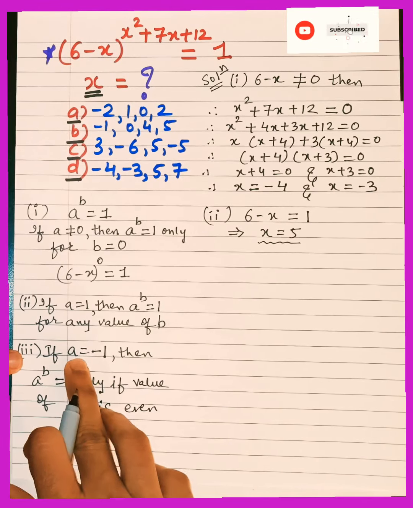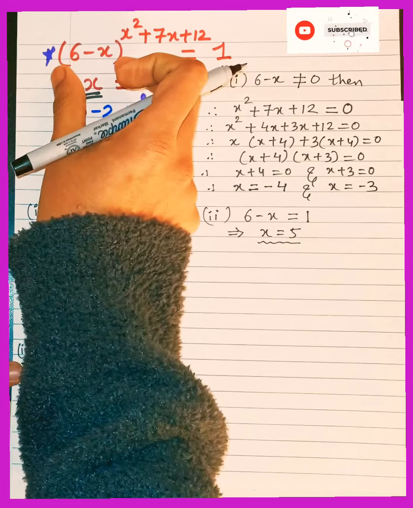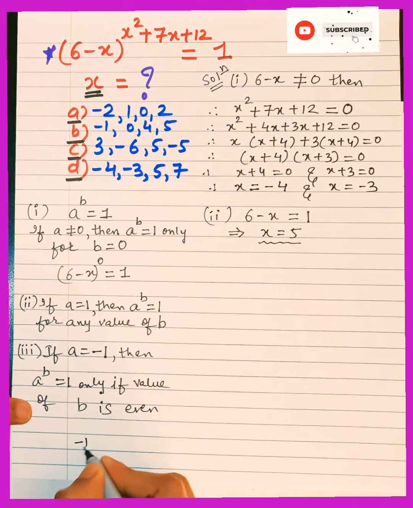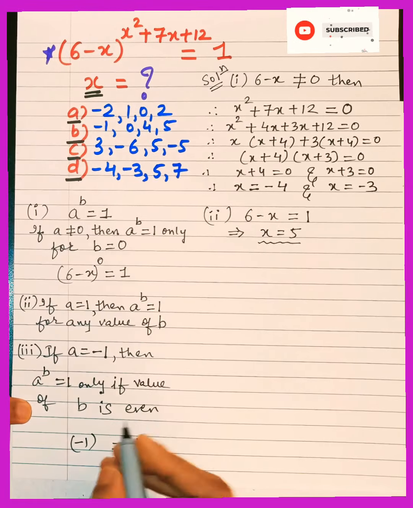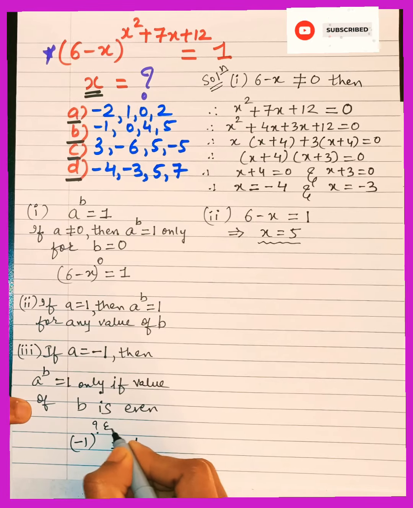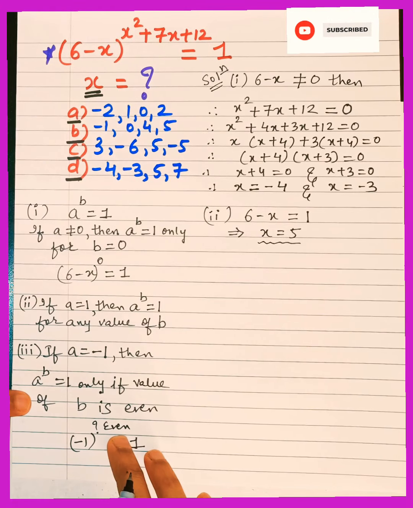Suppose a is equal to negative 1, and we want 1 in the RHS part. What will happen here? The power should be even, because if you multiply negative 1 an even number of times, you get 1.